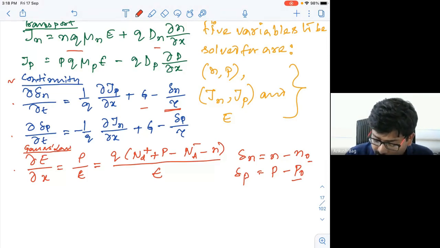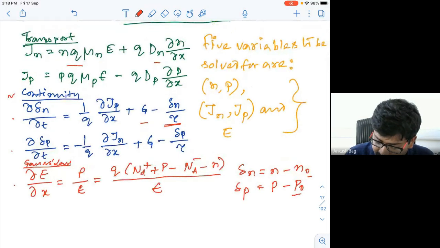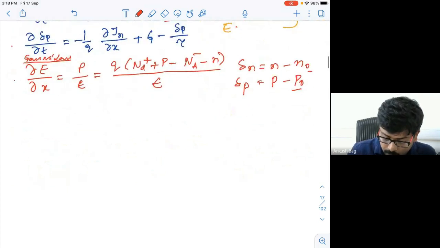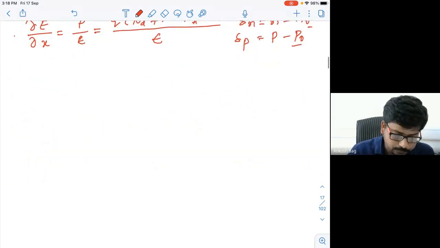So now we have these five variables: n and p, that means electron concentration and hole concentration, electron current density, hole current density, and electric field. These are the five variables we need to solve from these five equations. So let me write now.